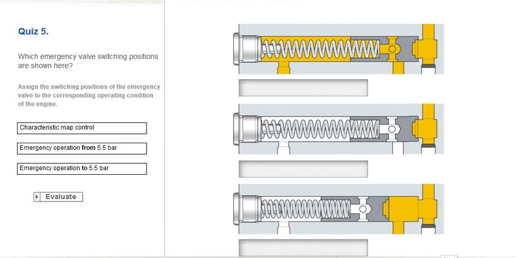Three different emergency valve switching positions are shown on the right-hand side. Correctly assign these to the operating conditions on the left.